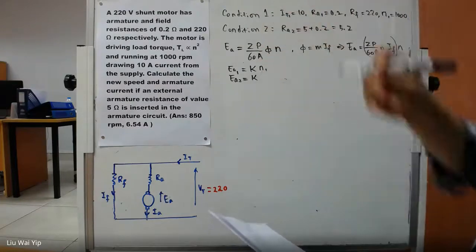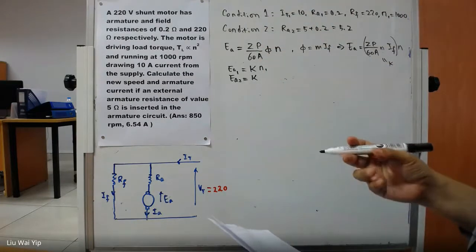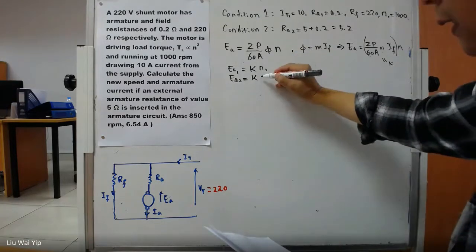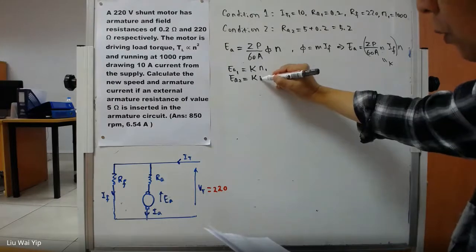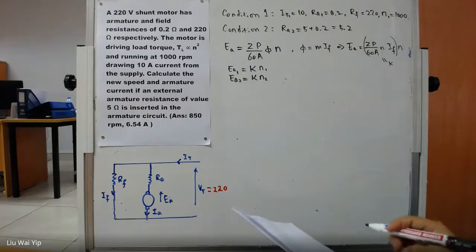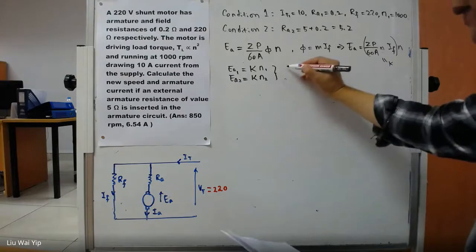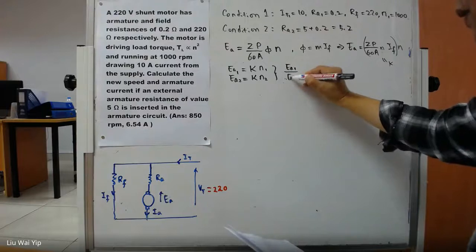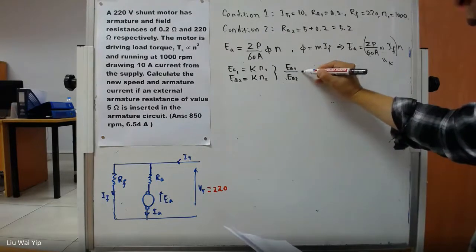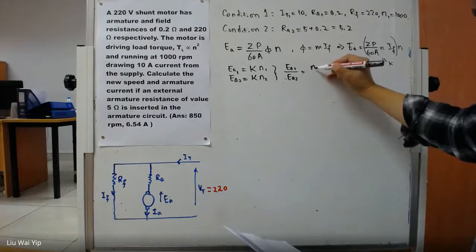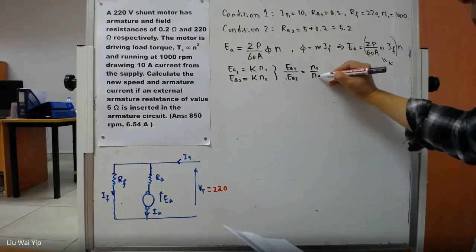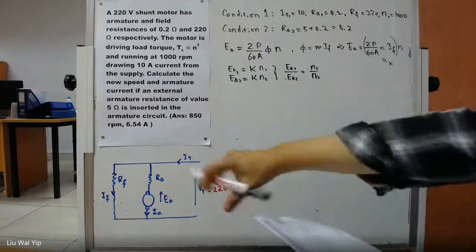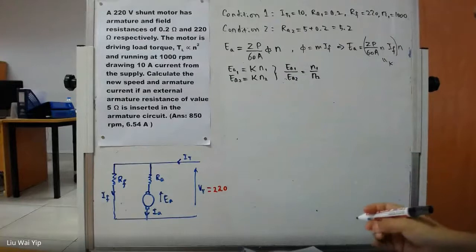The K value will be unchanged. So we can write the equation in this way. And then the speed of the motor is still N2. So in here, we may just safely conclude the ratio of the armature voltage is just the ratio of the speed. So this is the characteristic of the shunt connected DC motor.